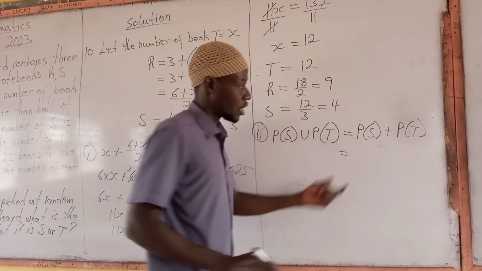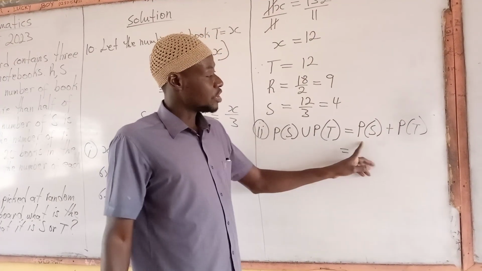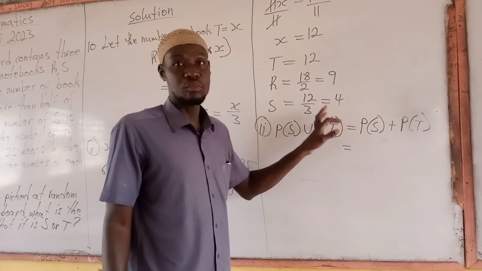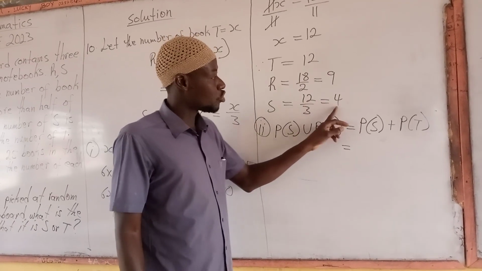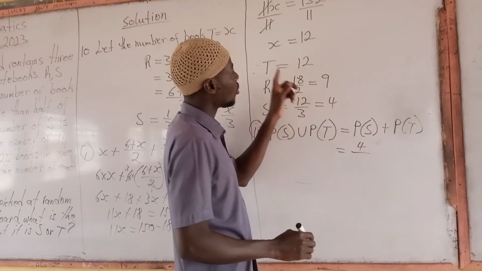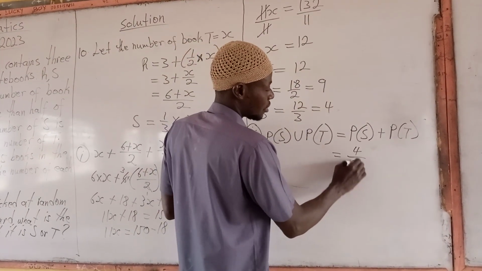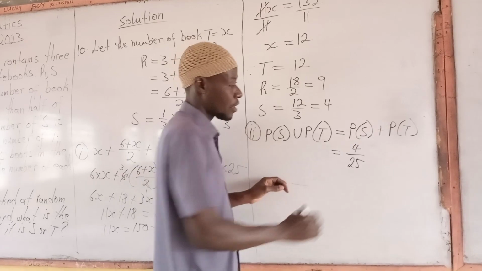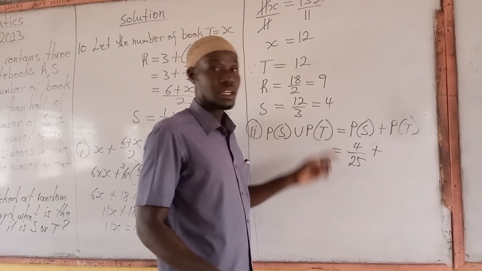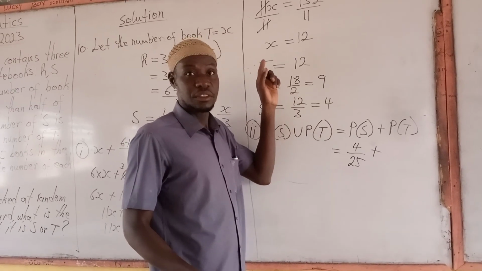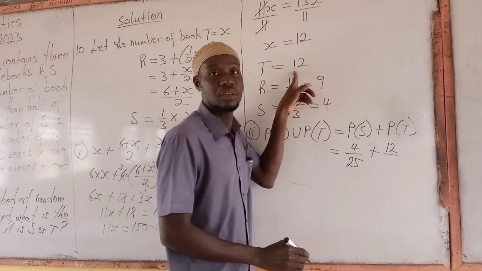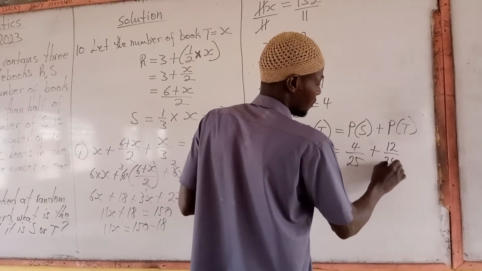So solving this, the probability of S is the number of book S divided by the total number of books in the cupboard. The number of book S is 4, so 4 divided by the total number of books in the cupboard, which they said is 25. Plus the probability of book T, which means the number of book T, which is 12, divided by the total books in the cupboard, which is 25.